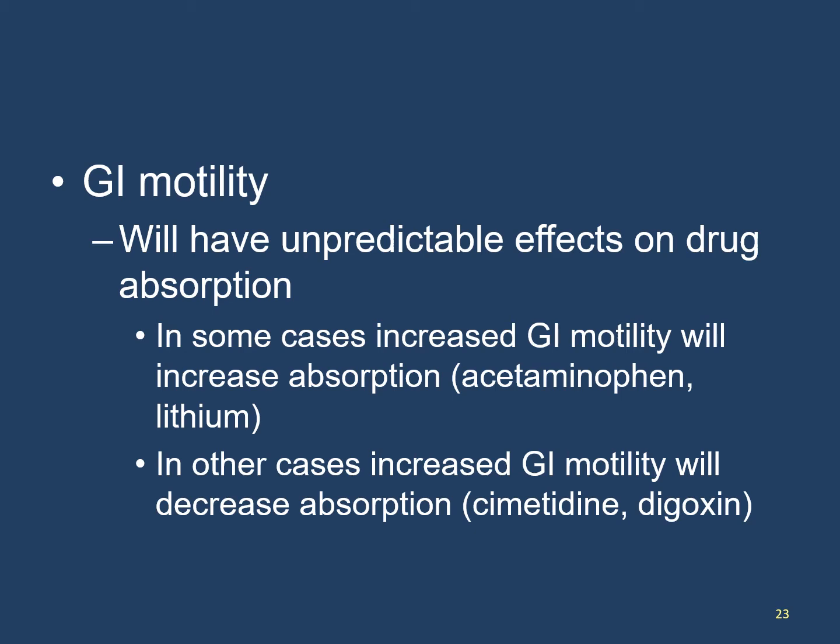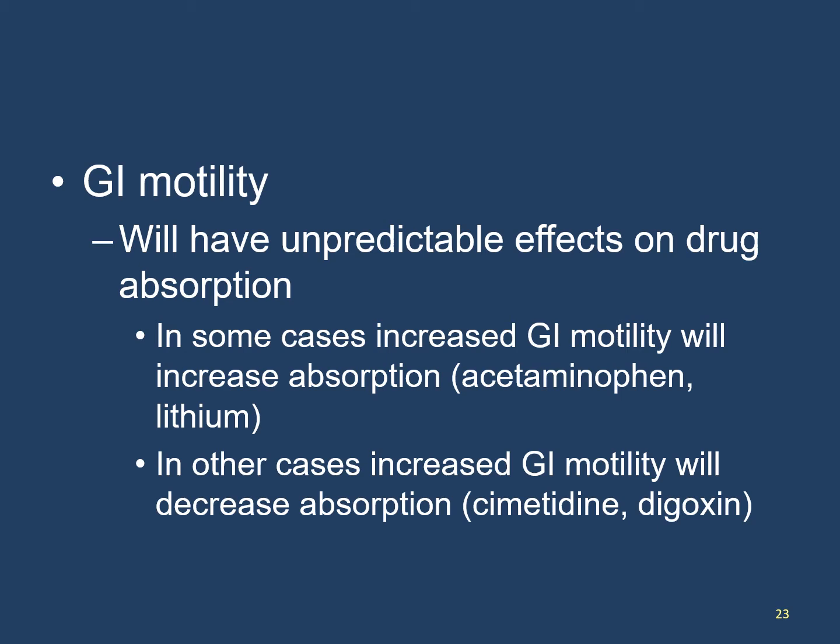Other drugs, if they sit there too long, get broken down into inactive or not useful forms. So if GI motility slows down, then the drug just sits there, breaks down, and by the time the molecules are absorbed, they don't do any good. So decreased motility can either increase bioavailability or decrease it.